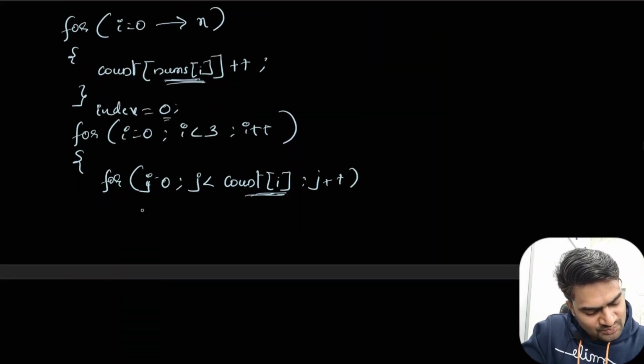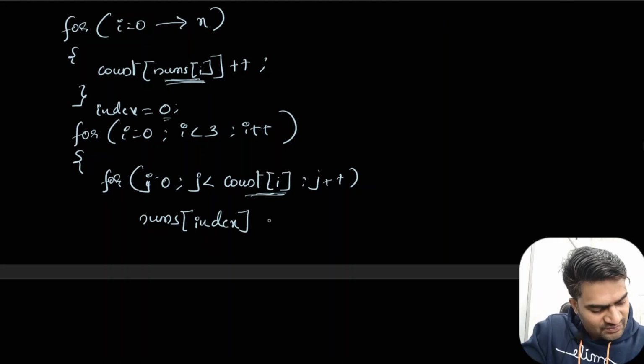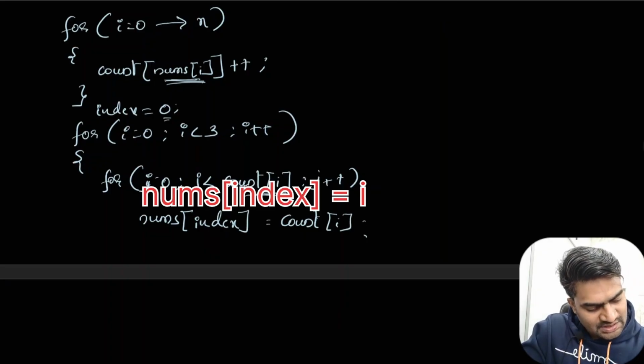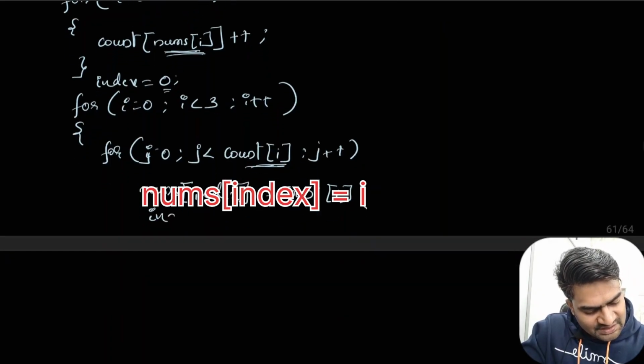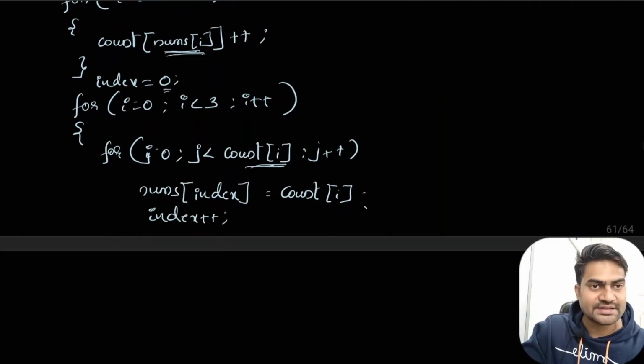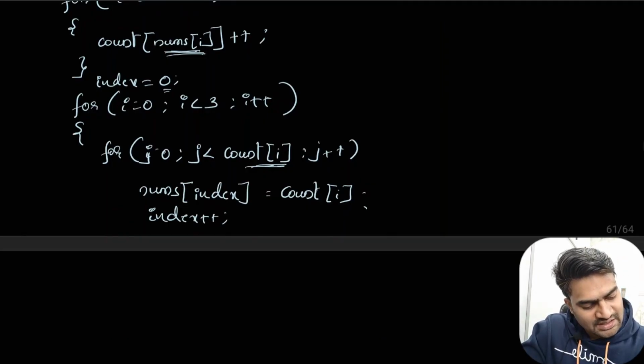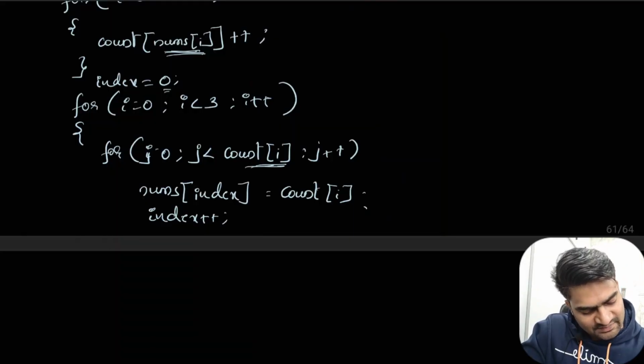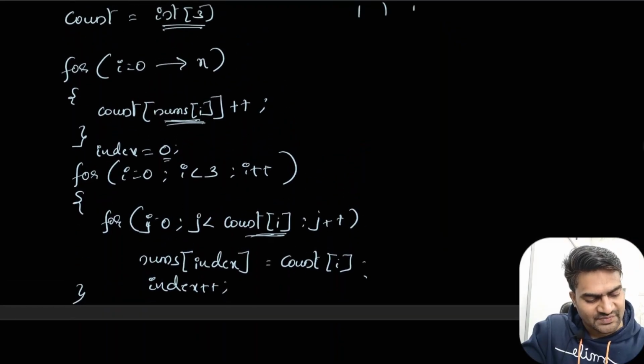Then I will say nums of index will be i. After this I will simply increment my index. This will replace the values in my original array. Now I will close this and it is done.